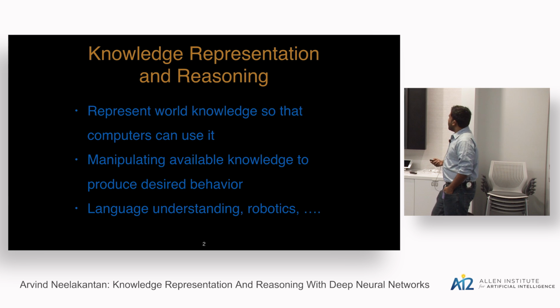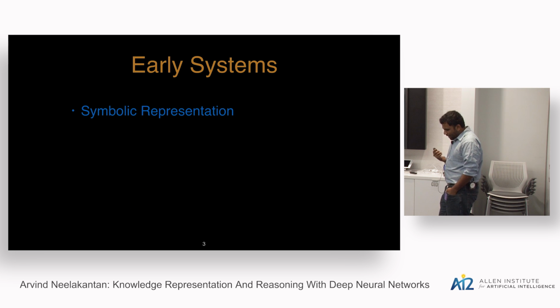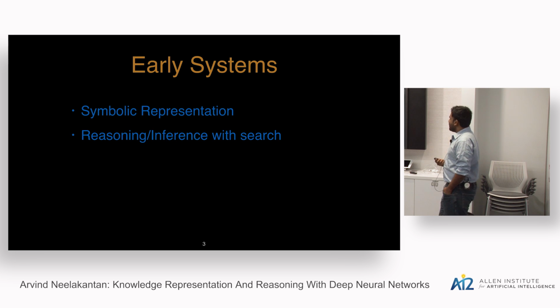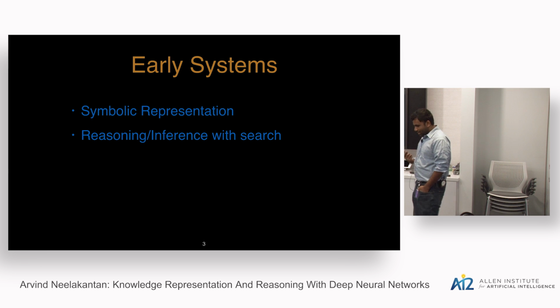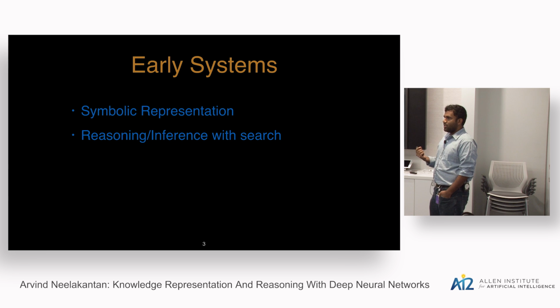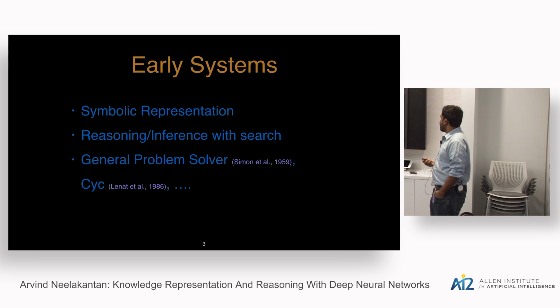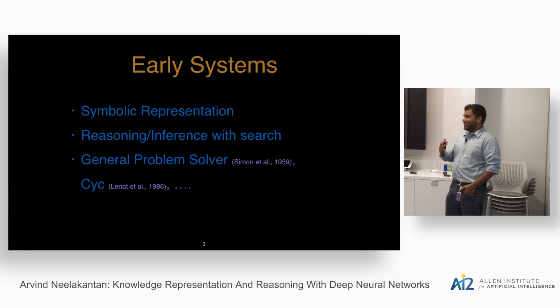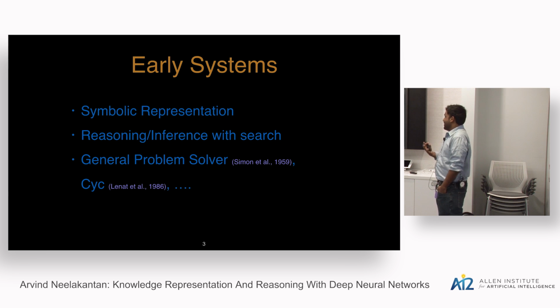and robotics. Okay, so I think really the first systems that come under this paradigm relied on symbolic representation, and reasoning was performed using some approximate search algorithm. When I started writing my thesis, I was looking at the Wikipedia page to figure out the first systems, and at least Wikipedia says General Problem Solver is the first system that comes under this.